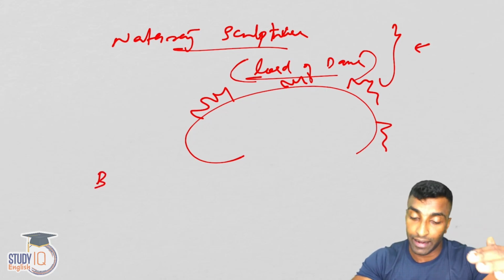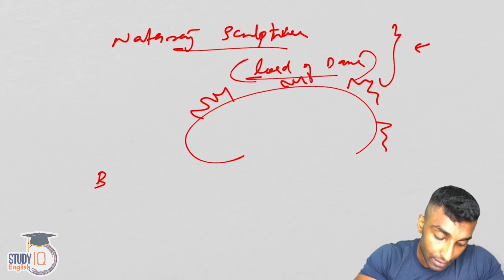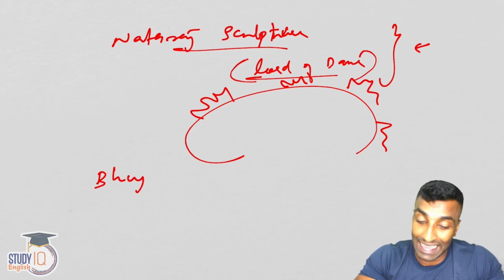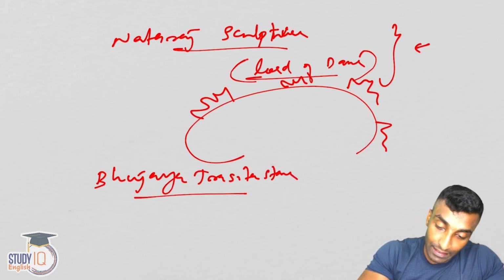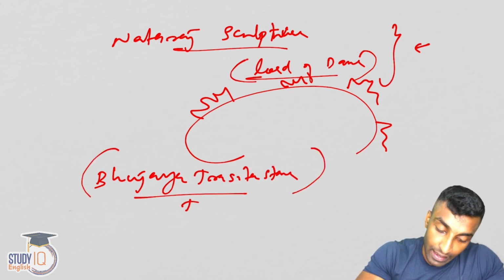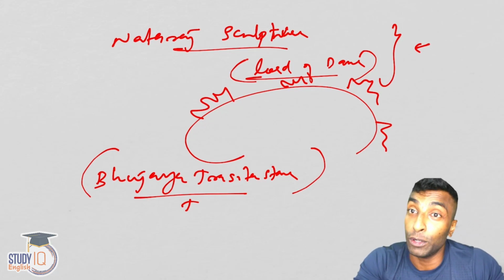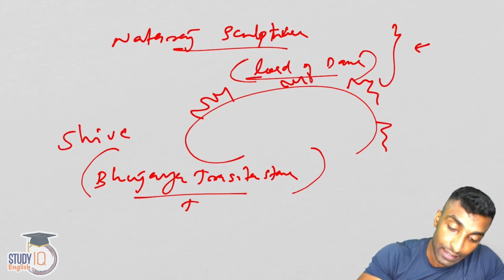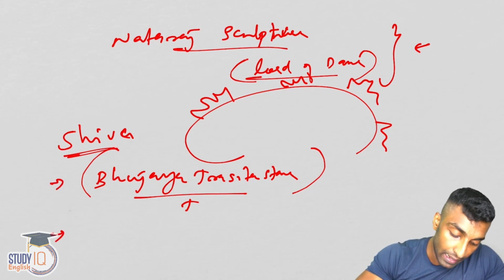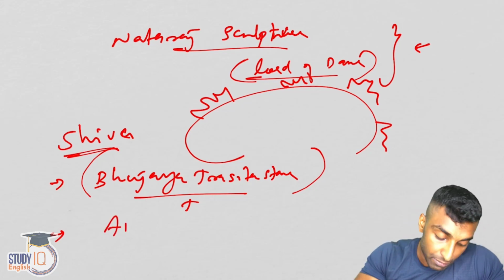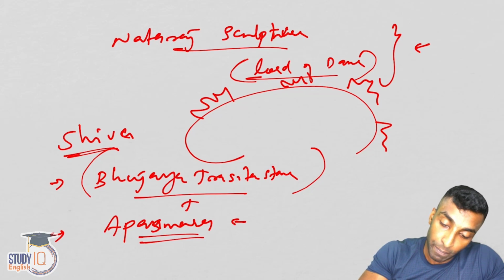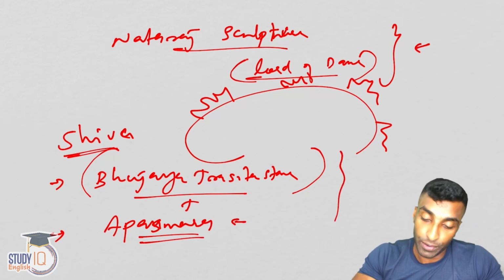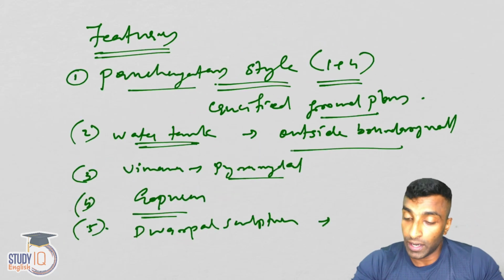And then Shiv standing in the Bhujanga Trasita stance, meaning kicking away the wheel of Maya, the illusion, and with one leg suppressing the demon Apasmara, the Rakshas. So this is about the sculpture.